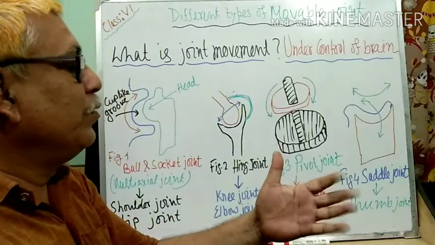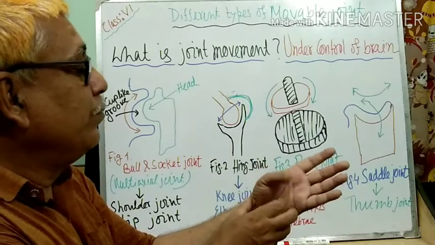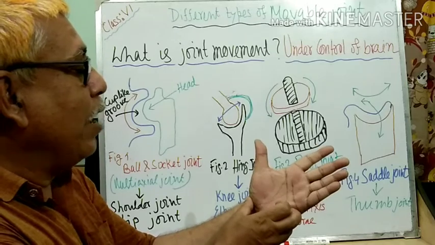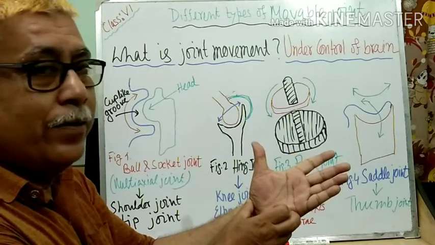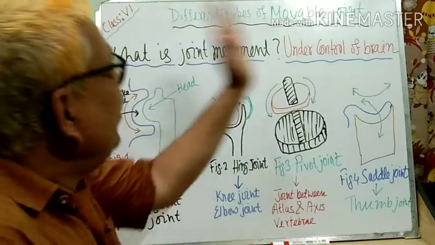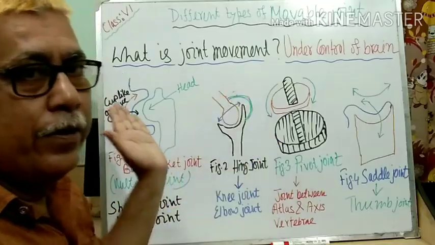As a result, we can move our thumb inward, outward, front, back. So these are the different types of movable joint.